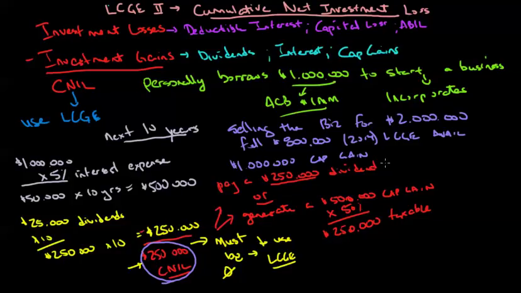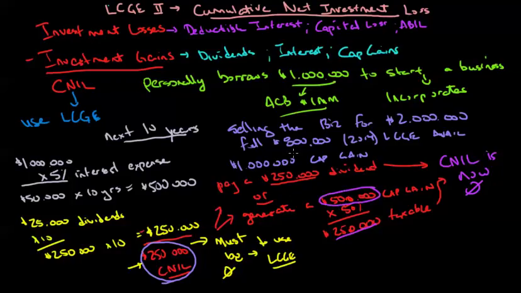In either of these cases, they would have $250,000 of investment gains, and that would, in either case, reduce the CNIL to zero. And then they could use the rest of their capital gain. For example, let's say they go with the second option. They would have paid tax on this first $500,000 of capital gains.